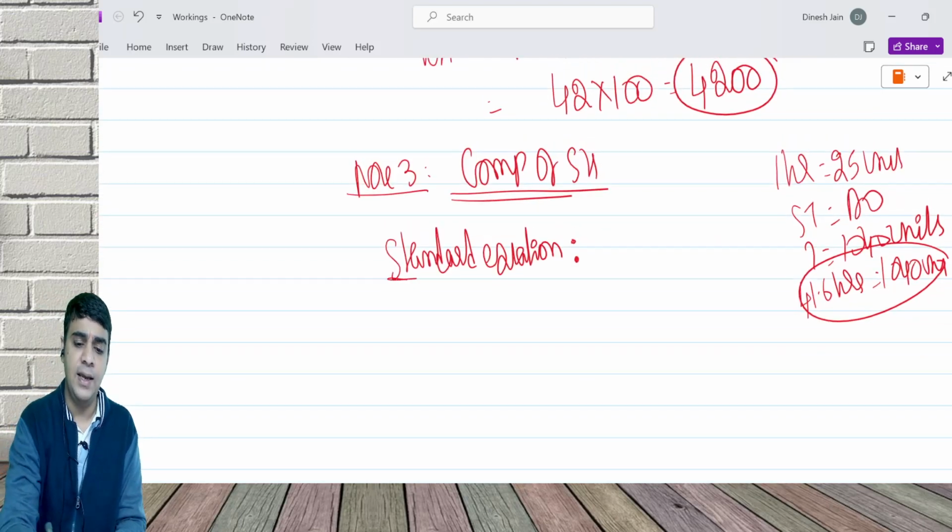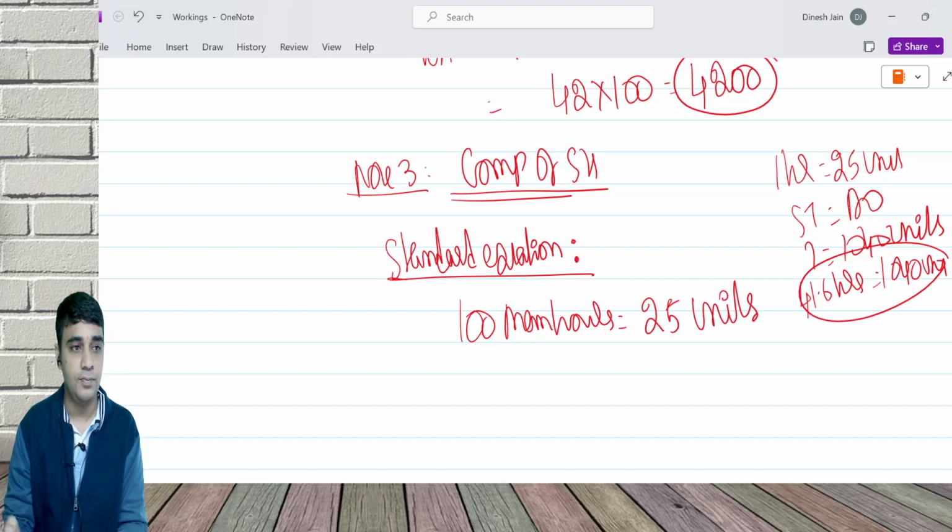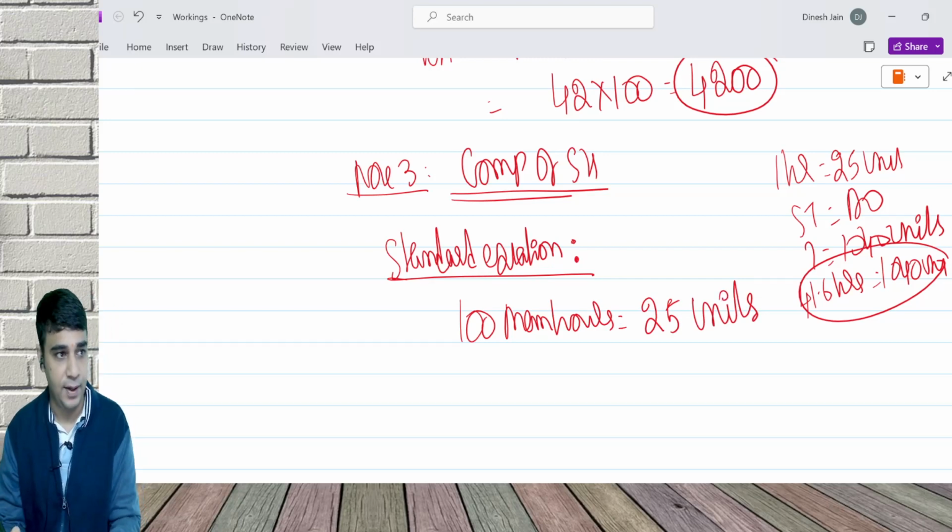Now write the standard equation here. 100 man hours equal to 25 units.